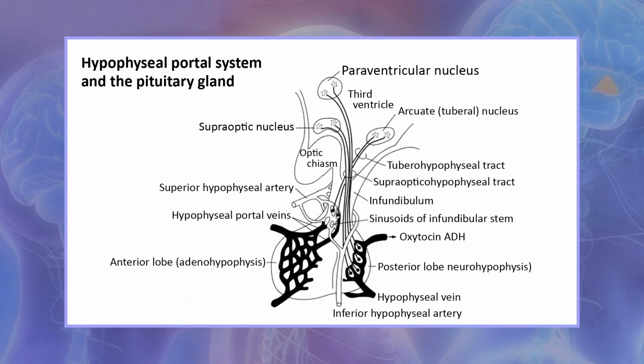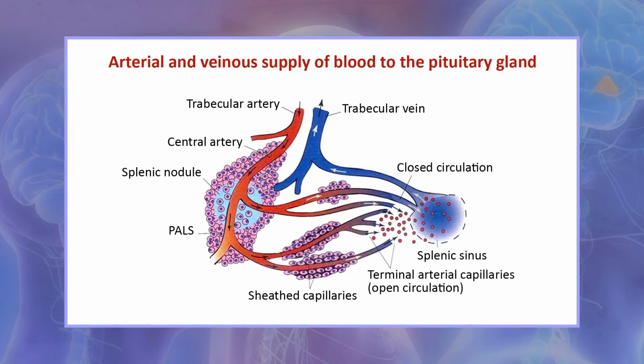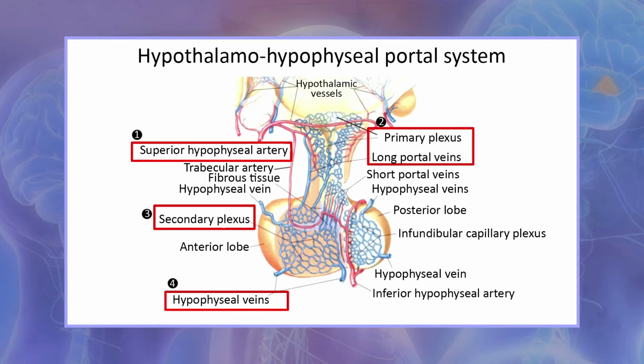These capillaries drain into the short portal vessels which supply a second sinusoidal capillary network within the anterior lobe. Nearly all the blood that reaches the anterior lobe is carried in the long and short portal vessels. The anterior lobe receives only a small portion of its blood supply directly from the paired trabecular arteries which branch off the superior hypophyseal arteries.